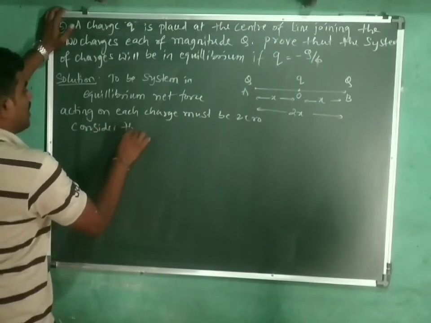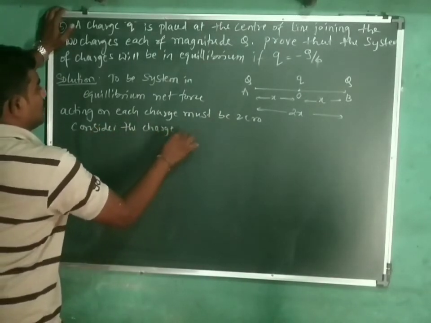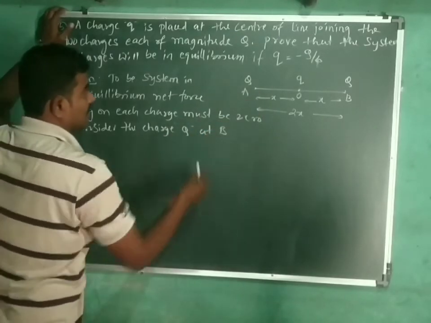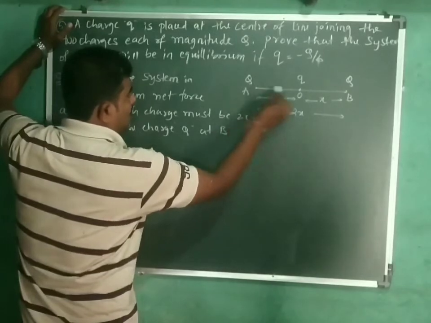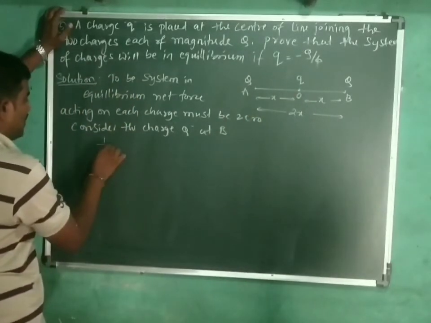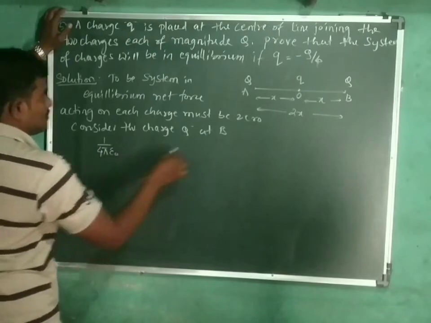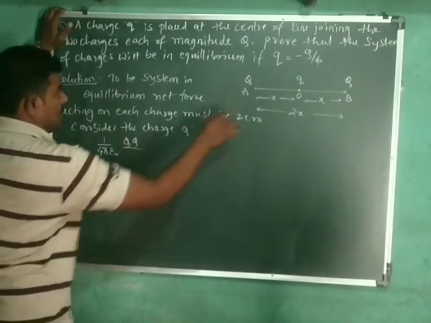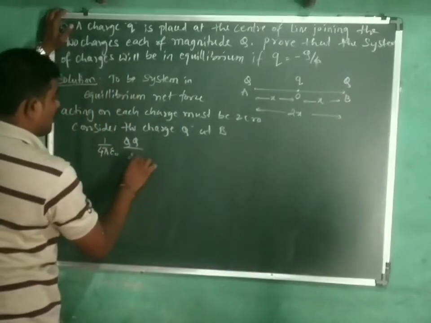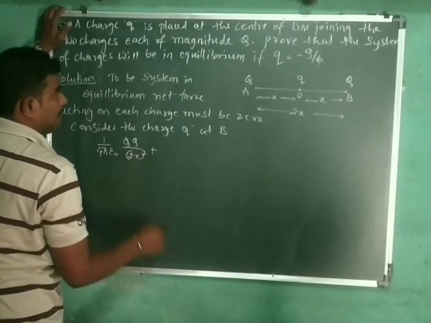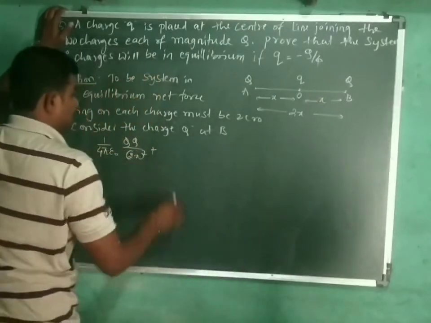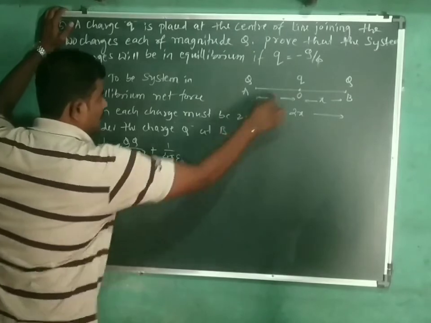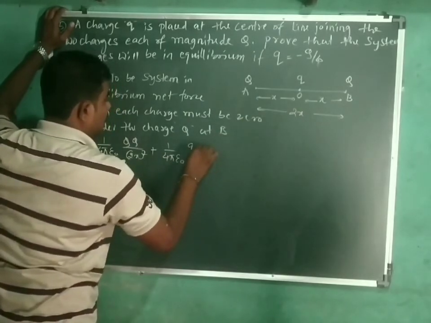Consider the charge Q at B. We can write it as, see here, force due to this charge and force due to this charge, that is 1 divided by 4 pi epsilon naught QQ divided by this distance, that is 2x square, plus force due to this charge, that is 1 divided by 4 pi epsilon naught Qq divided by r square.